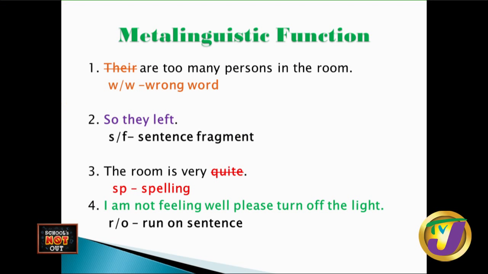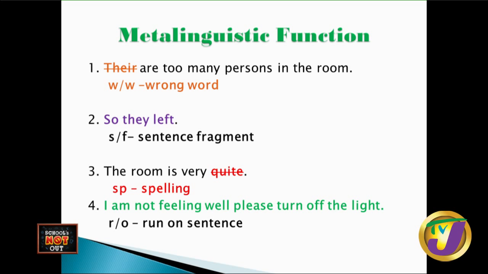These are 4 sentences you have in your work. There are too many persons in the room, and you wrote THEIR. And the teacher writes WW, meaning wrong word. Or you have another sentence, so they left. And the teacher writes SF, meaning sentence fragment.